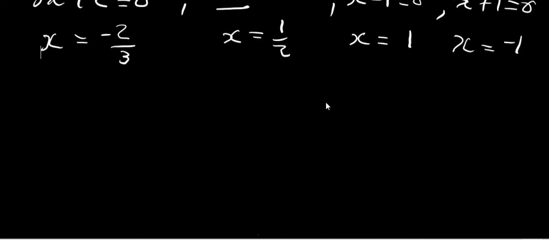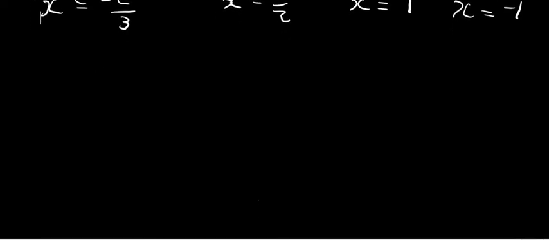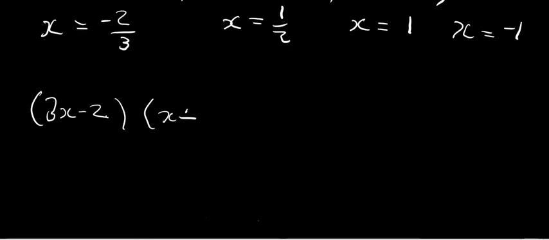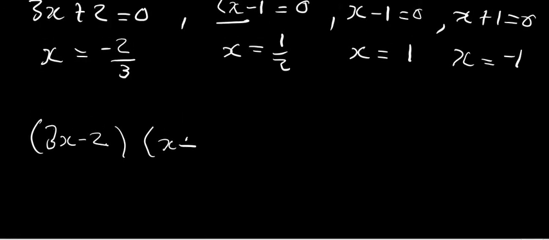Okay, so the next one is saying you solve that. So we have found 3x minus 2, and then we also have x minus, is it a minus or a plus? The other one is a minus.